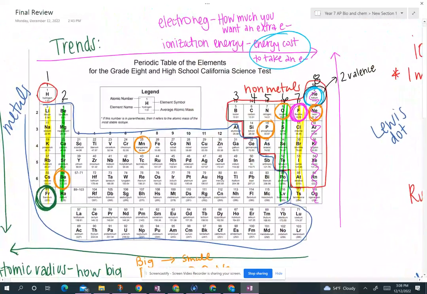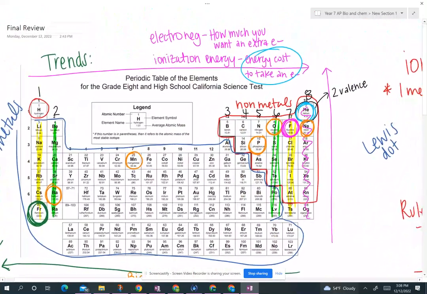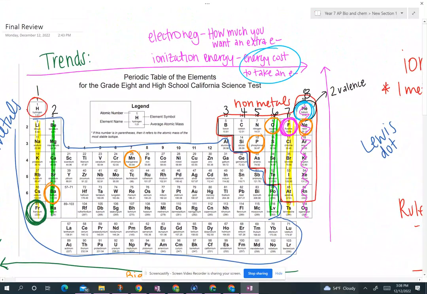Then I'm going to do the same thing with electronegativity. For electronegativity, I'm going to go fluorine and neon, and I'm going to look at how much I want that extra electron. Very easy choice here. Fluorine, oxygen and neon are at the same spot, but neon doesn't count for electronegativity.